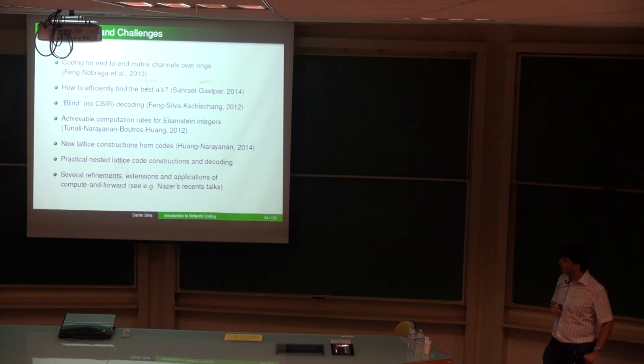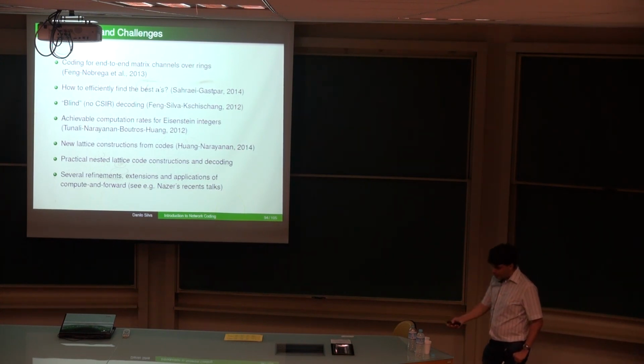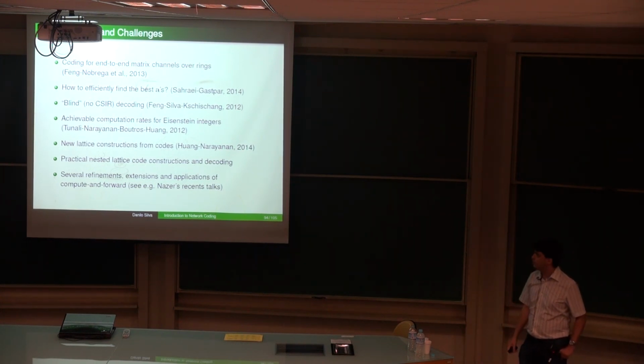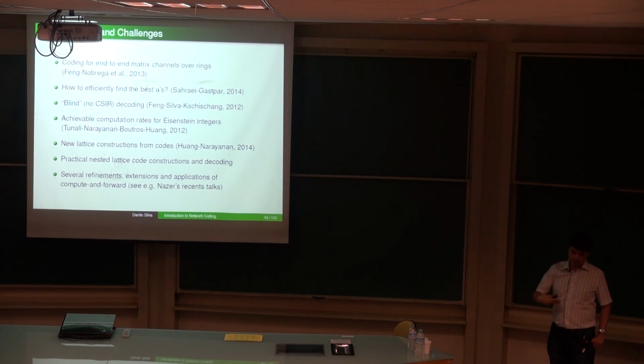And these authors here have proposed new lattice constructions from codes that are compatible with compute-and-forward. You can also study how to build practical nested lattice codes, constructions and decoding algorithms. So this is also an important problem here.